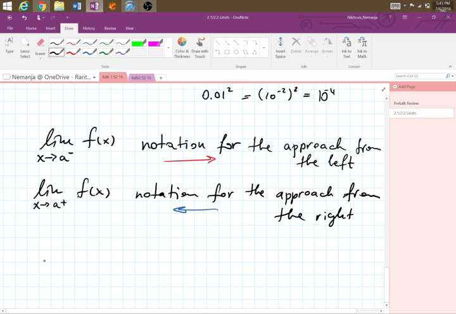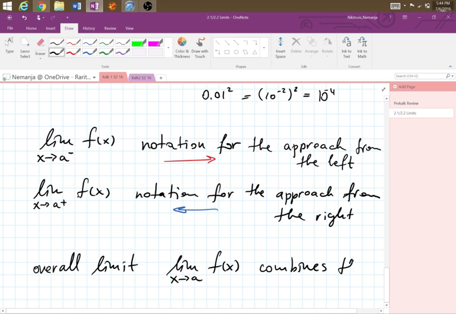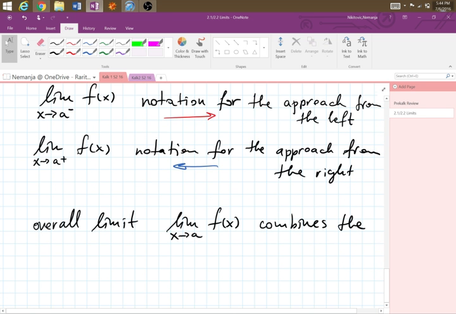Now, overall limit f of x as x approaches a combines the two from above.